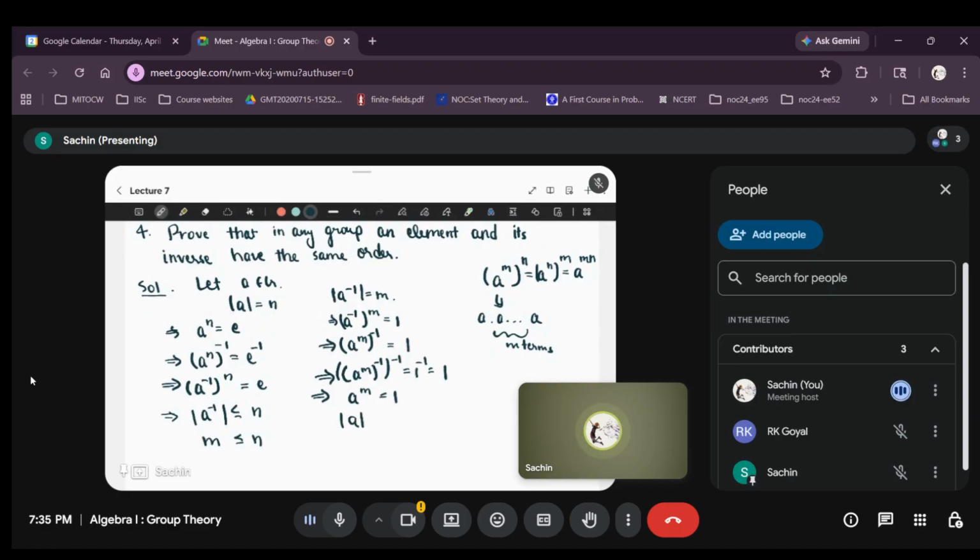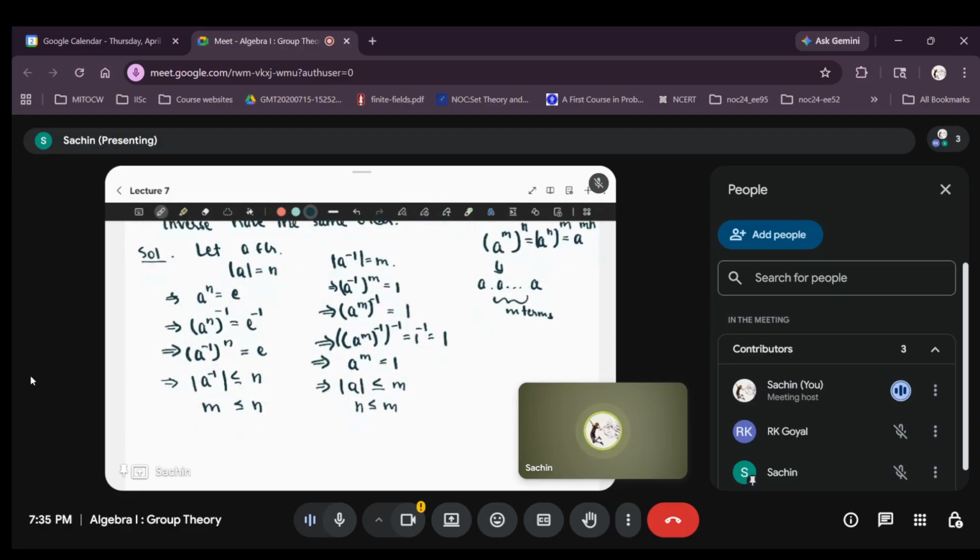This means the order of A is less than or equal to m. So n is less than or equal to m. If m is less than or equal to n and n is less than or equal to m, the only possibility is that m is equal to n. So A and A inverse have the same order.